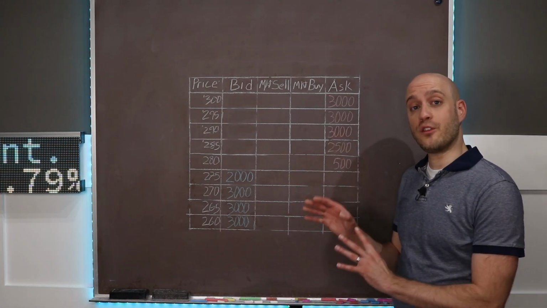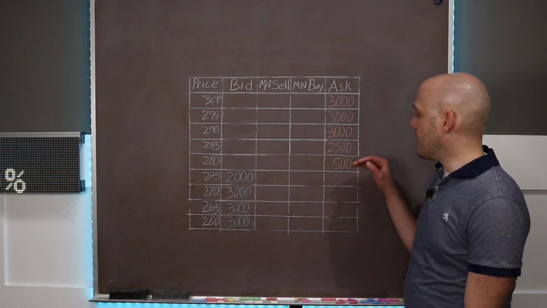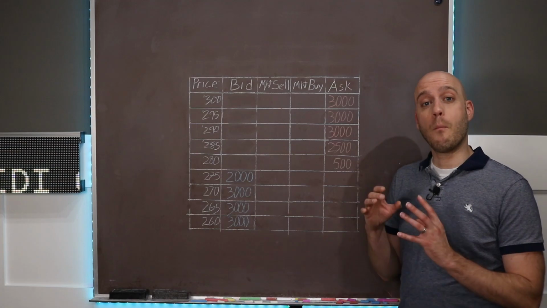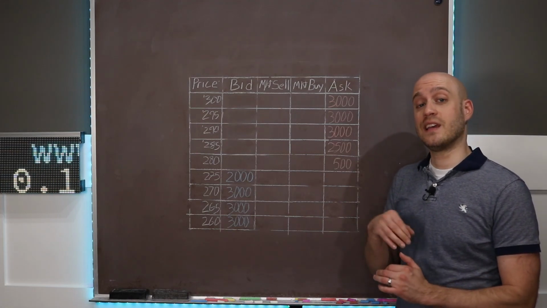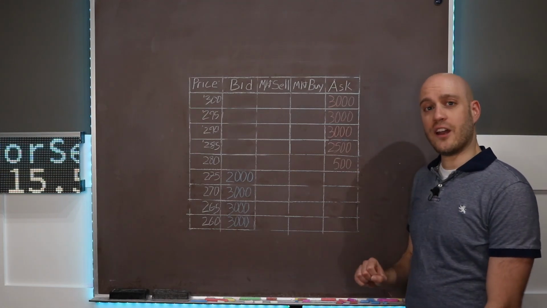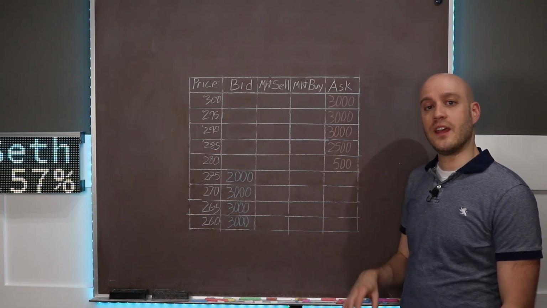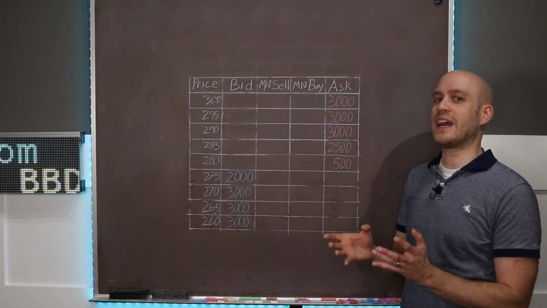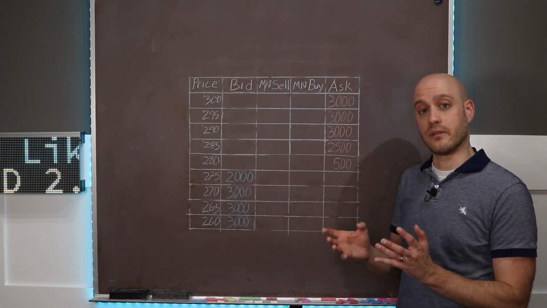Well, of course, either could happen, but because it requires less volume to lift that offer, we are much more likely to tick up. The smaller that offer is compared to the bid, the more likely it is to get taken out to a point where it's practically guaranteed to happen.